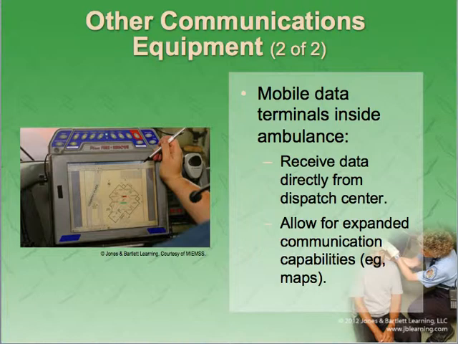Mobile data terminals: these are located inside the ambulances and they come in a variety of forms. The one that you have there is an older MDT, as we call them. Most of them nowadays are just like laptop computers and they receive data directly from your dispatch center, so you will actually see what's coming into dispatch, and they are set up with a very extensive database so that you can see your route that you need to take to get to the call through GPS.